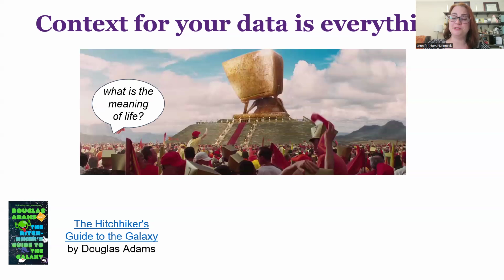This massive supercomputer thinks on this question, and after a period of time, it spits back the answer 42, which is the data from the computer, but the actual meaning of that is lost on the people. That's the rest of the books. They're trying to figure out what is the meaning of 42. cBioPortal data and bioinformatics data in general can be very similar. The computer spits numbers out at you, but it's really up to you to be able to explain the how and why.